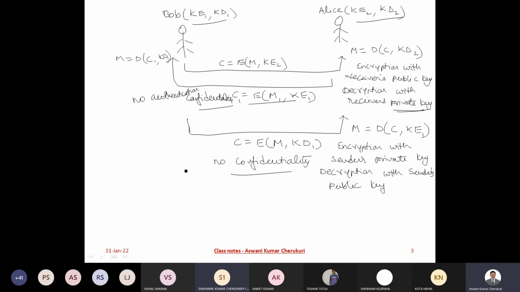Whereas if you notice the second scenario, there is no confidentiality because the message can be decrypted by anybody using the public key of the receiver. Okay, sorry, the public key of the sender.